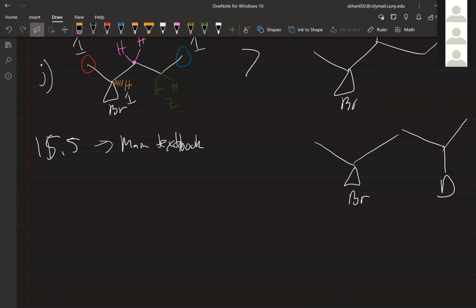Okay, so practice the rest of 15.5 if you're having issues with determining different numbers of signals. There's a bunch more in there. And also in the second semester textbook, problems 3.2 to 3.10.